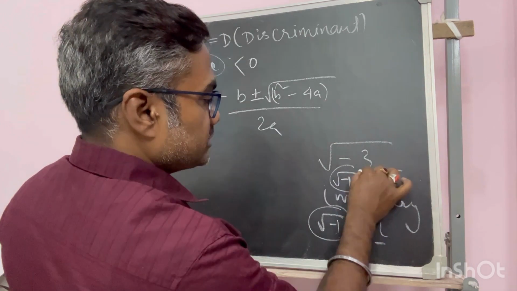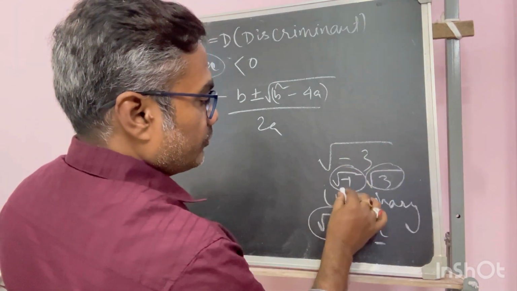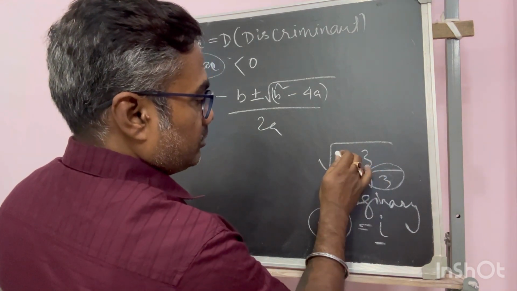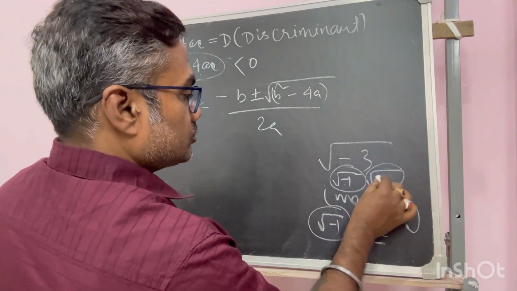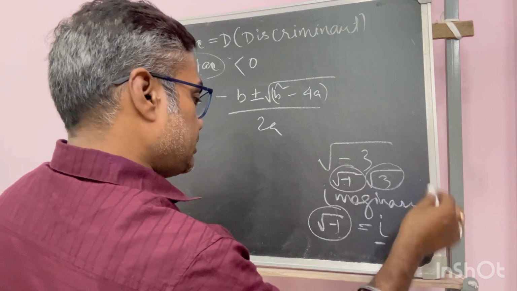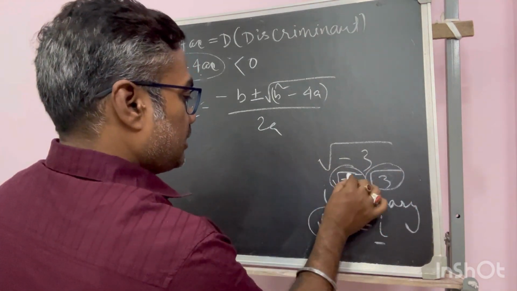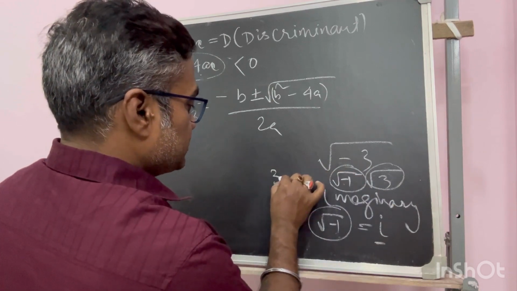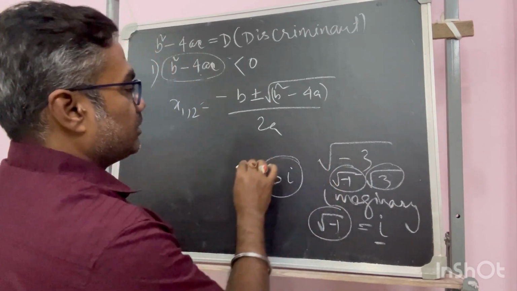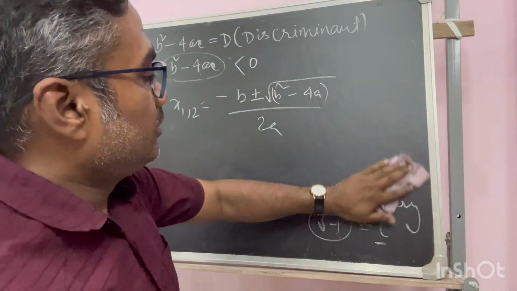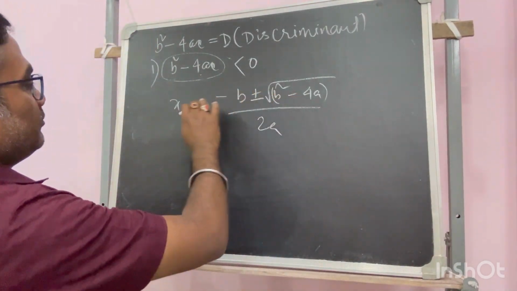So we can separate it in this form, where minus 1 and 3 multiplied together give minus 3. So we distinguish in this way a real term into an imaginary term. Ultimately this can be defined as 3i. This is a separate chapter altogether, but you won't get any real value of x and y.